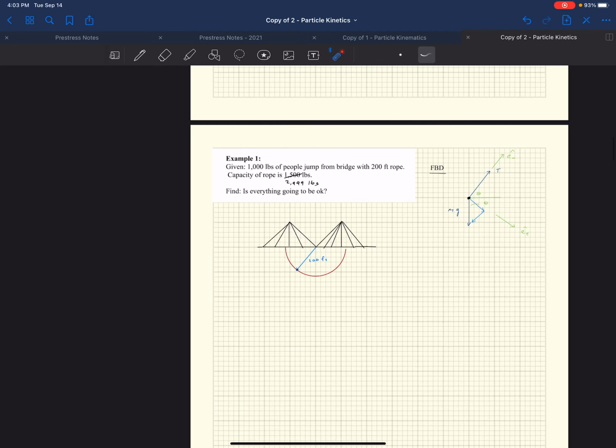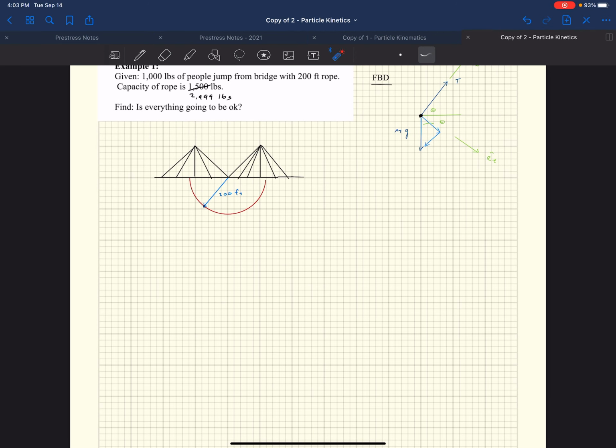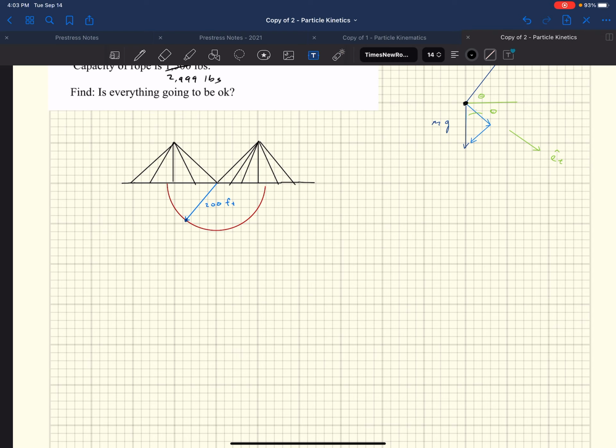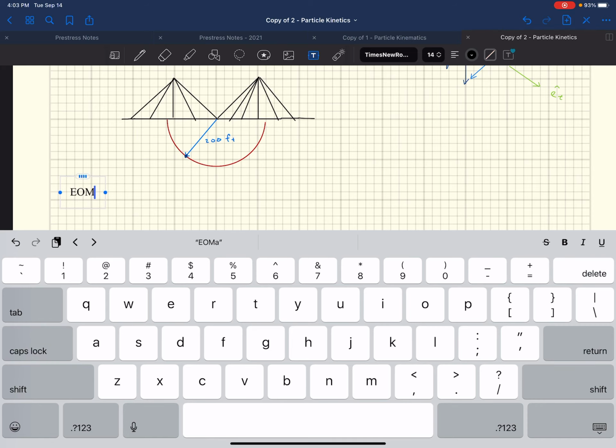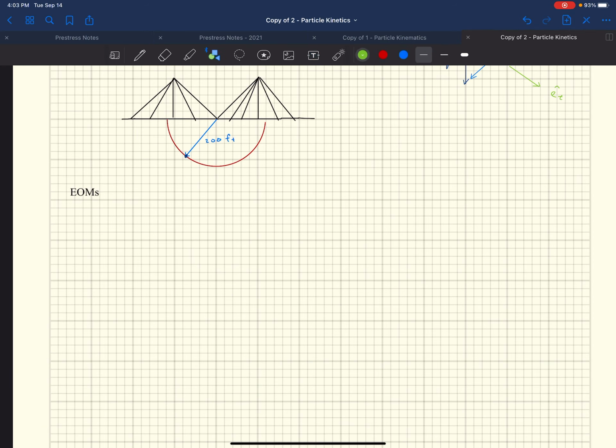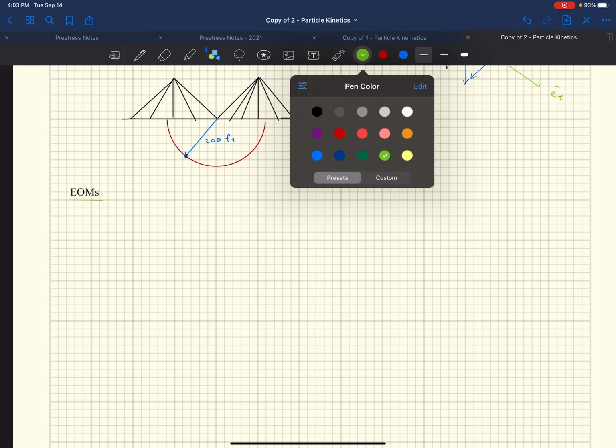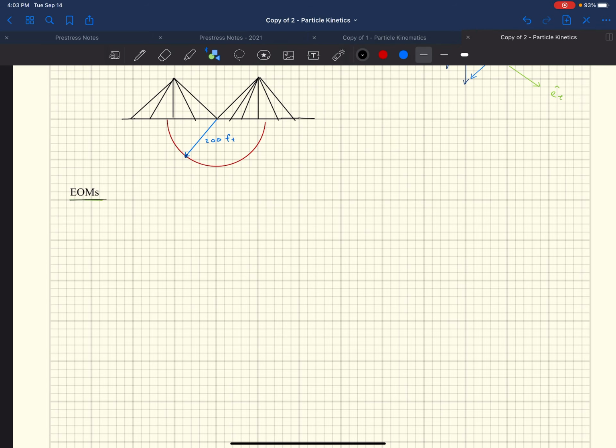Okay. So next in our solution process is to write the equations of motion, EOM. We have two equations of motion: sum of the forces in the normal direction and in the t direction.